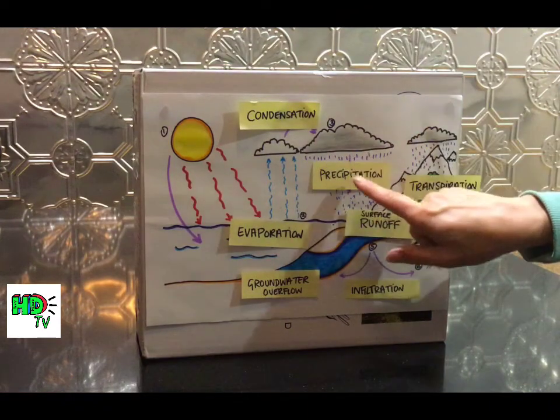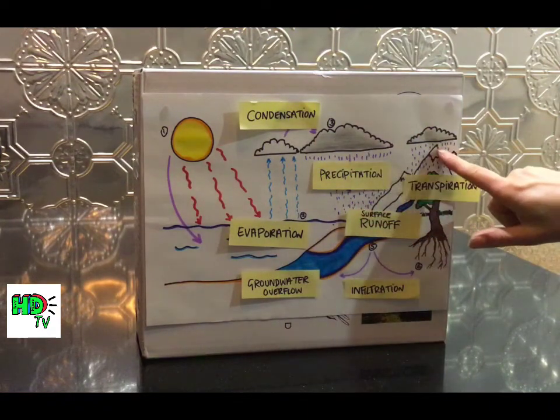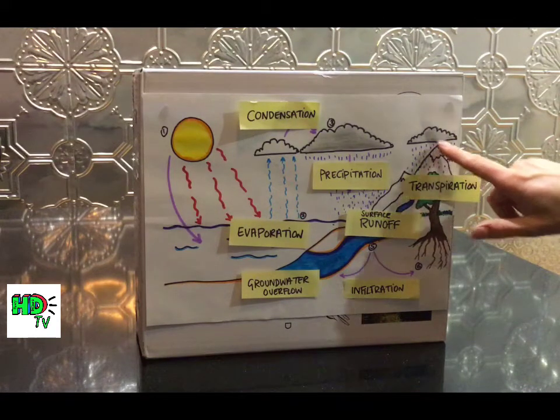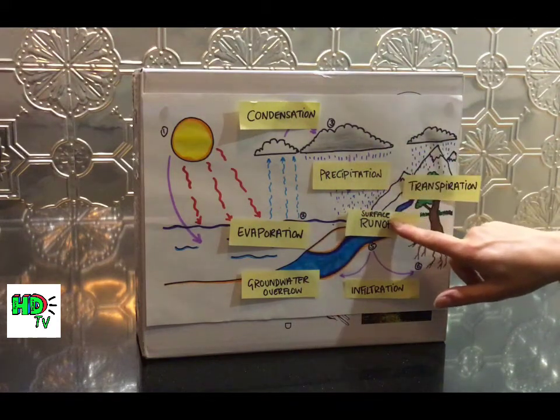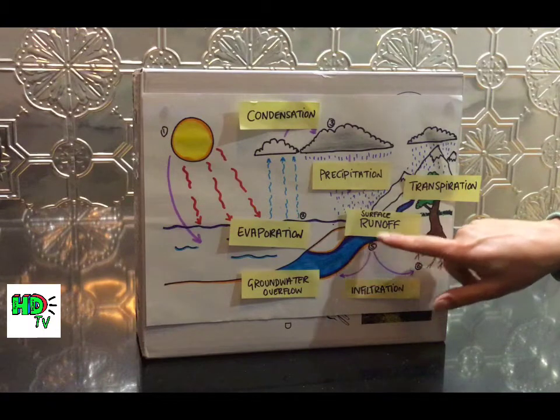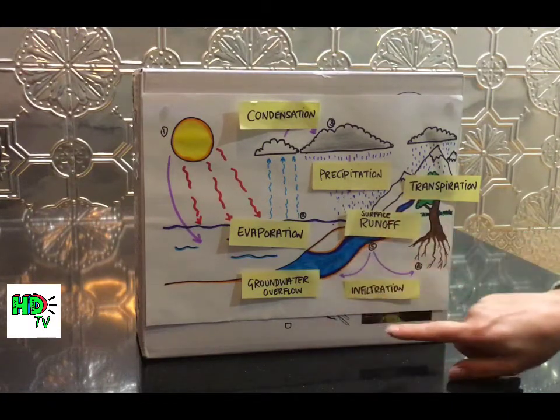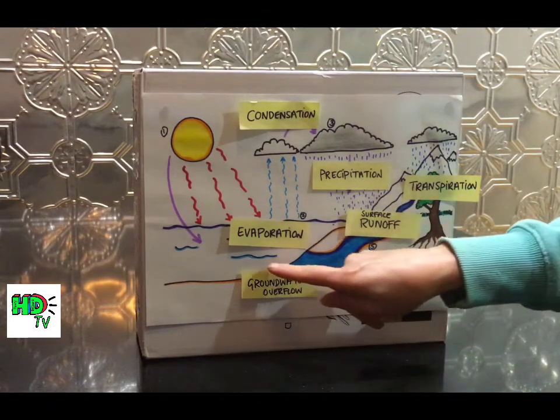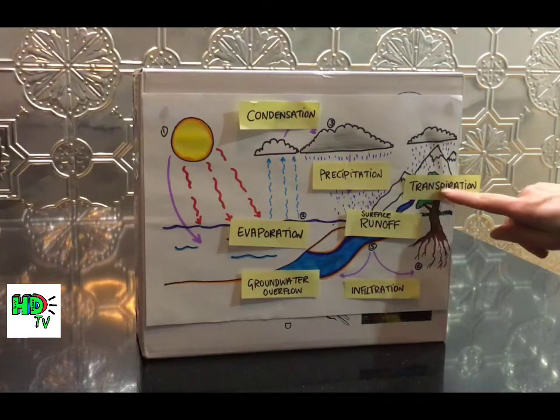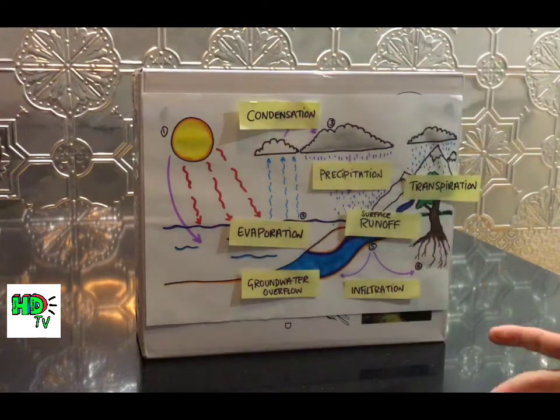It can either fall to earth as a liquid or a solid. Remember, we have snow and hail. It comes back to the surface or the earth as a liquid once more, and it transfers back to a liquid or comes back to a gas and comes back into the air and starts all over again.